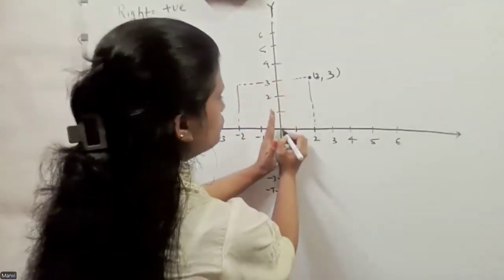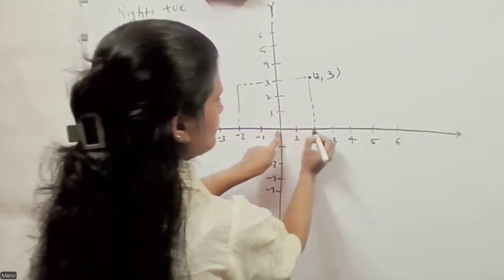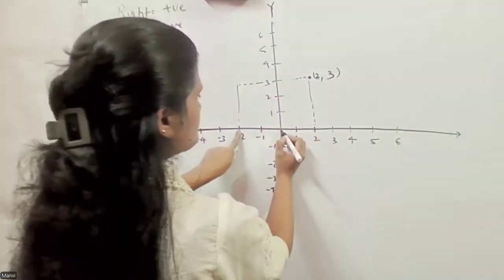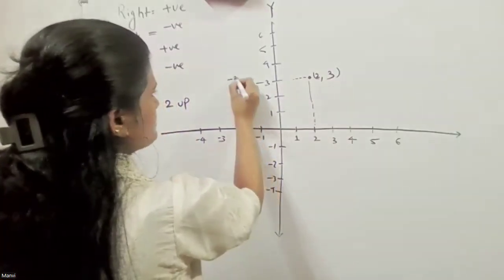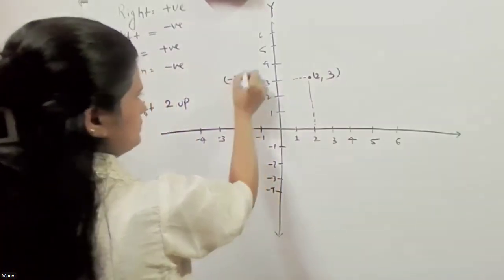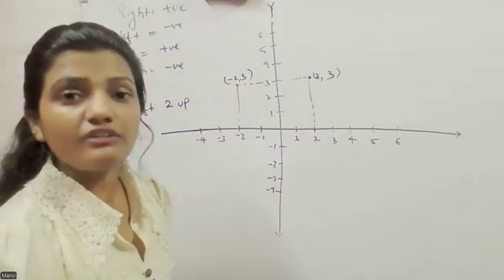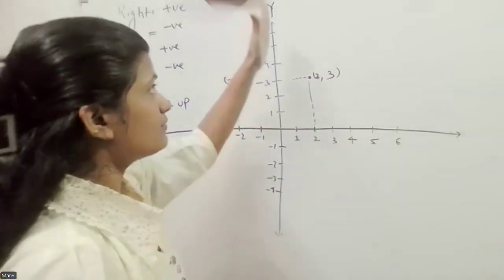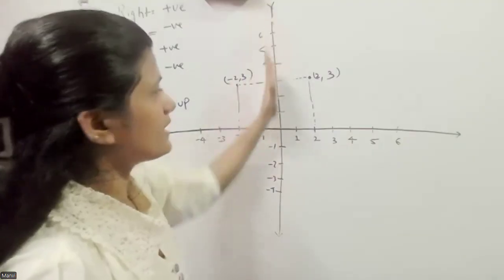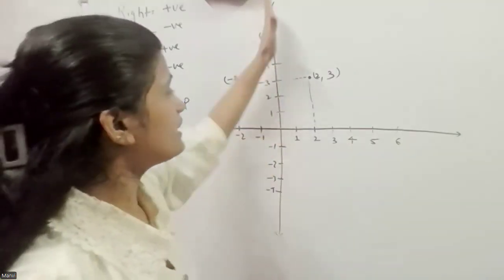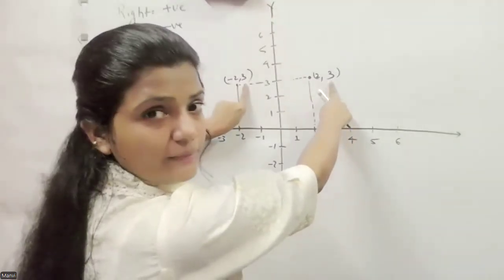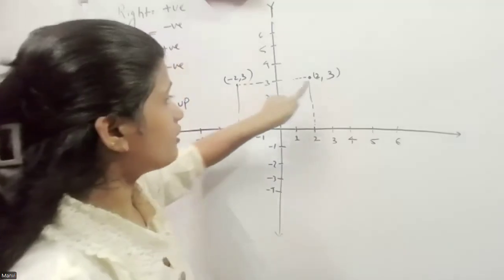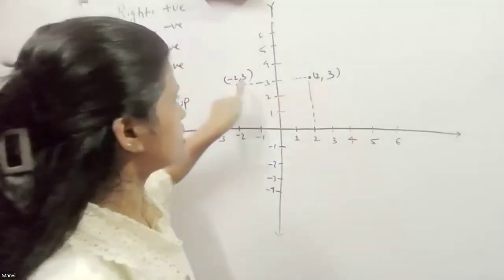If it moved 2 right, here it moved 2 left. 3 up means similar, 3 up. Minus 2, 3. So what we can see is that whenever a point is reflected in the y-axis, the y value stays the same. Okay? And in the x value, we just change the sign.